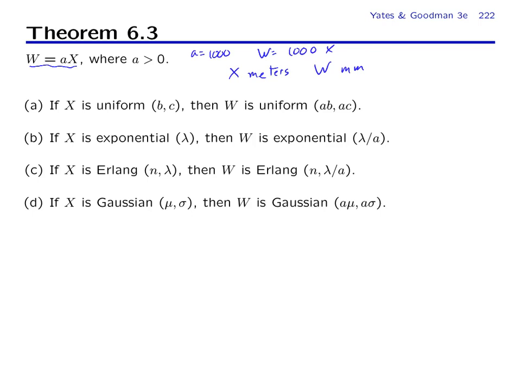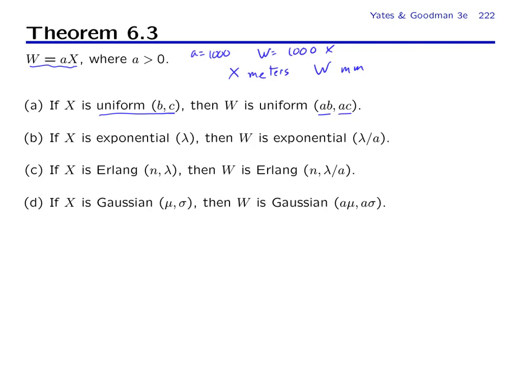And if X is in meters, uniform from b to c, then W is going to be uniform in millimeters from 1000b to 1000c. This isn't surprising. But similarly, this same kind of units transformation doesn't change the kind of random variable you get for most of the familiar random variables we know.